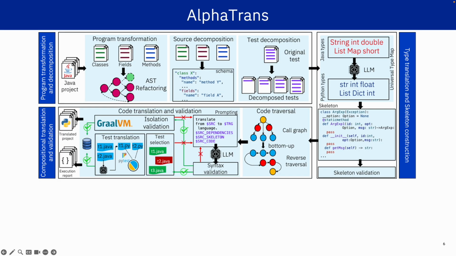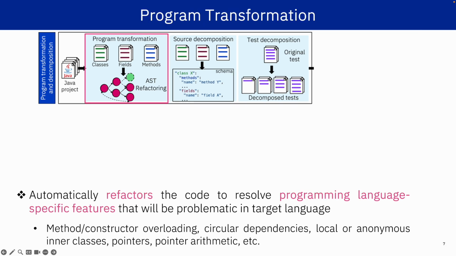So to that end, we propose AlphaTrans, which is a Neuro-Symbolic approach for end-to-end repository level code translation and validation. It has three main components. Let's go deeper into every component. The first one is program transformation and decomposition.